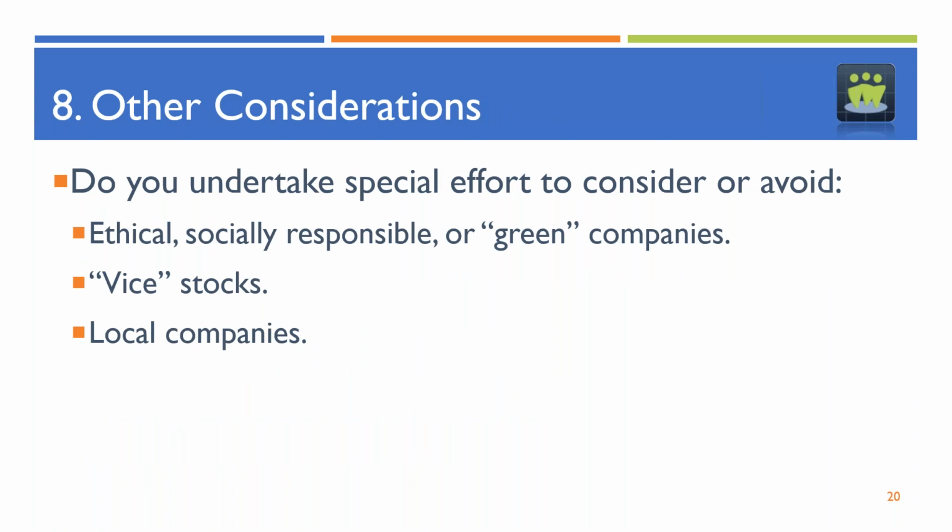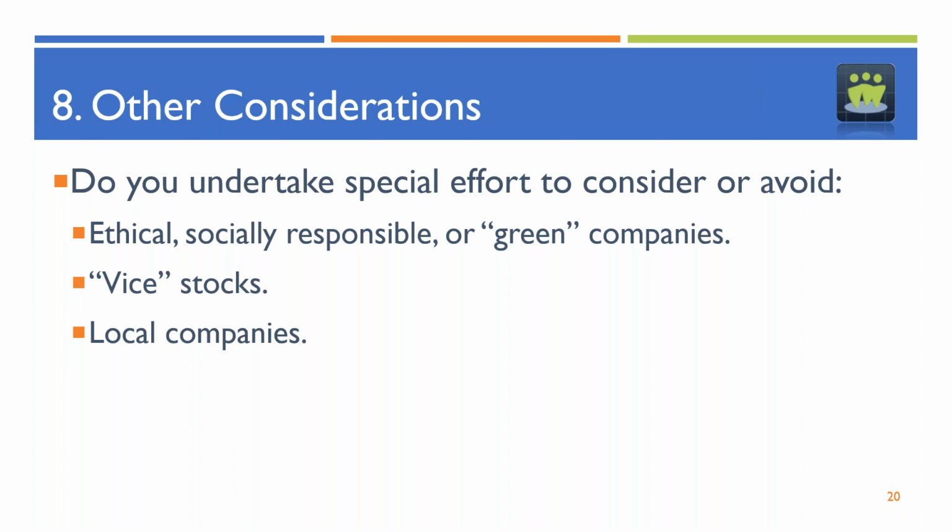And then finally, there are other considerations that many clubs like to undertake. For instance, are you interested in ethical or socially responsible or green companies? There's a lot of conversation coming on for many companies that are looking at their sustainability goals and looking at the overall health of the company from a climate perspective.